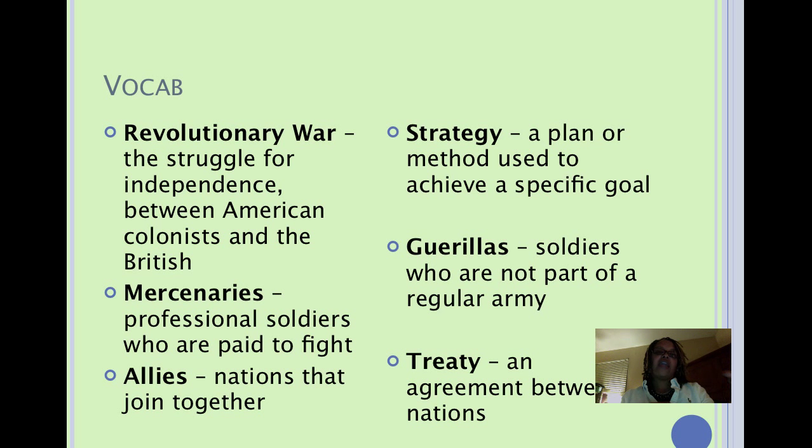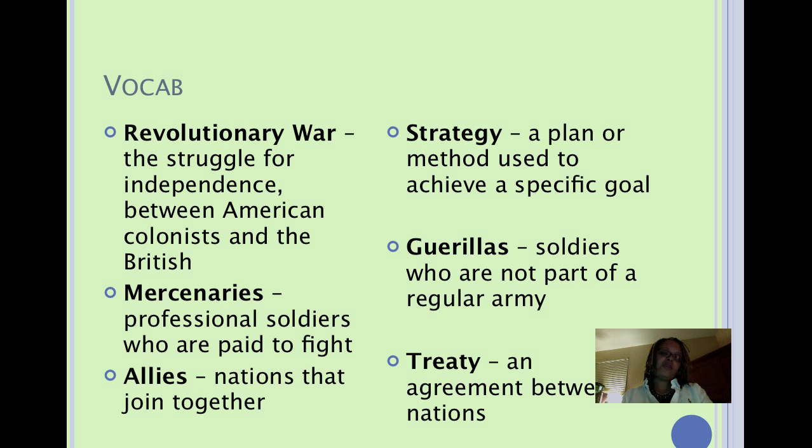So these are soldiers that could be Americans fighting as guerrilla soldiers in this particular war, but they are not officially soldiers. You'll see that one of the reasons that the colonists were successful in this war was because of their guerrilla tactics. They didn't take the regular army route, marching in straight lines, wearing pretty fancy clothing.